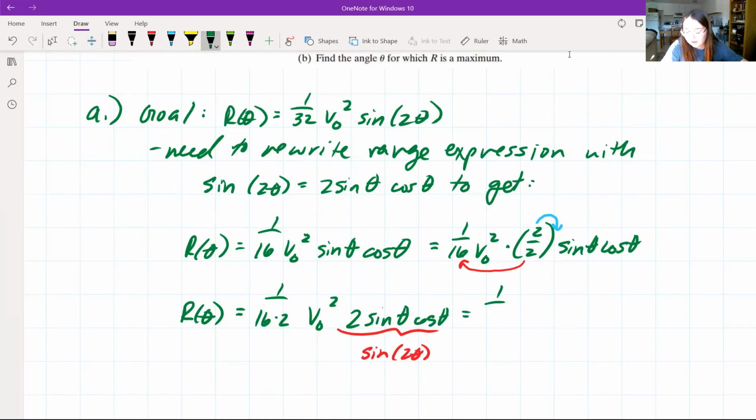So our equation simplifies to 1/32 v naught squared of sine of 2 theta, which is what we wanted. Essentially, we established an identity for this problem. This is exactly what we wanted, so part A is complete.